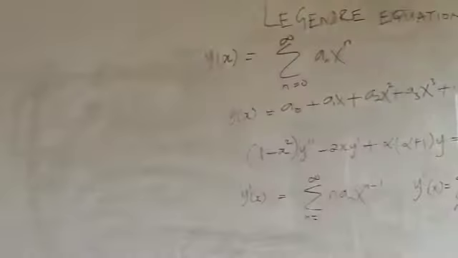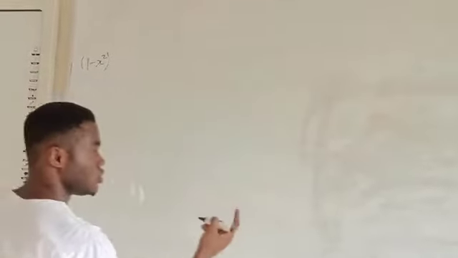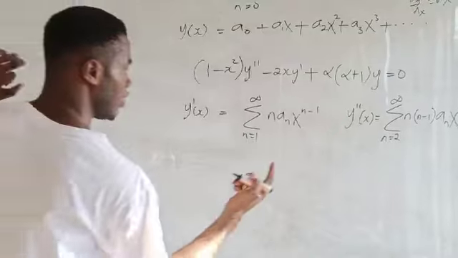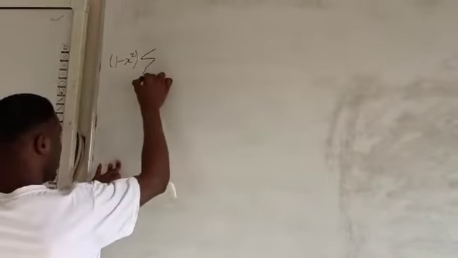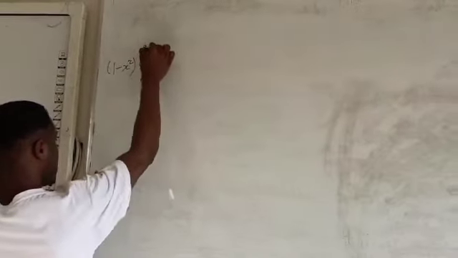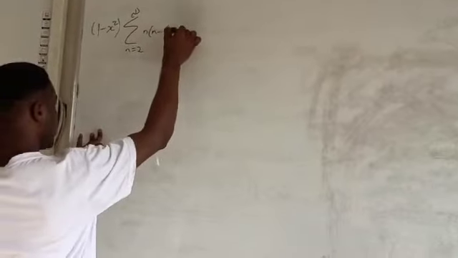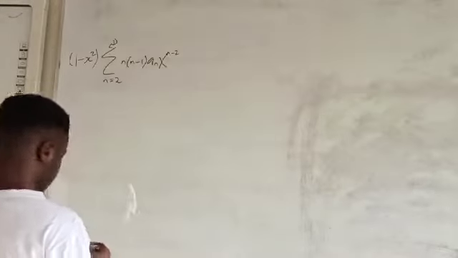So by application, from the Legendre equation, we have that y, (1 minus x squared), is being multiplied by y double prime, and of course y double prime is given by the summation of n equals 2 to infinity of n bracket n minus 1, a subscript n, x raised to the power n minus 2.